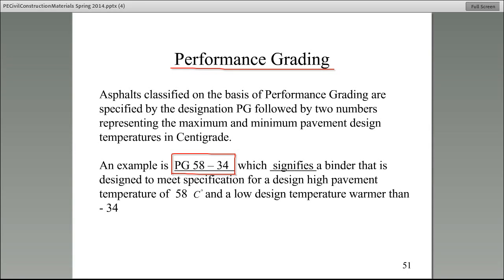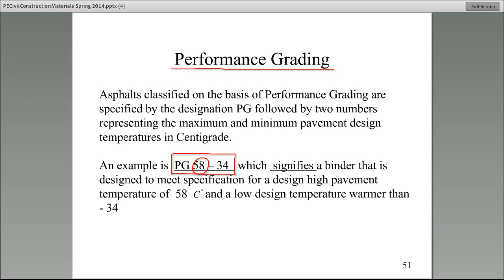The first number, 58, guys, is the largest temperature that this binder, this asphalt, is designed to be exposed to, in terms of Celsius.